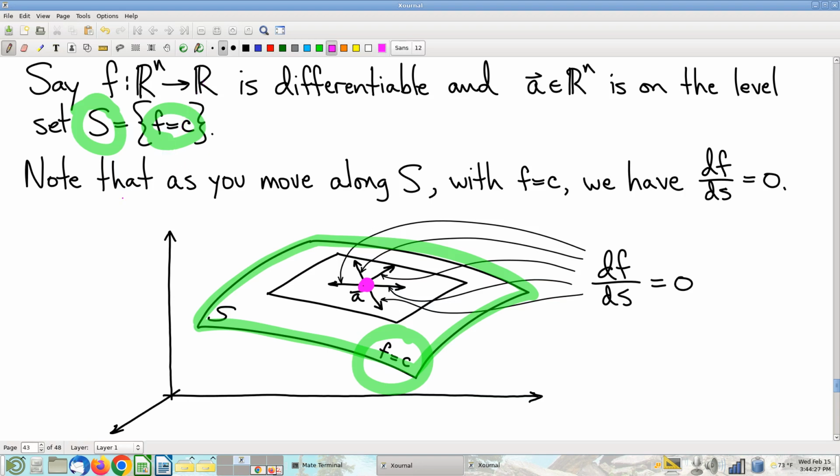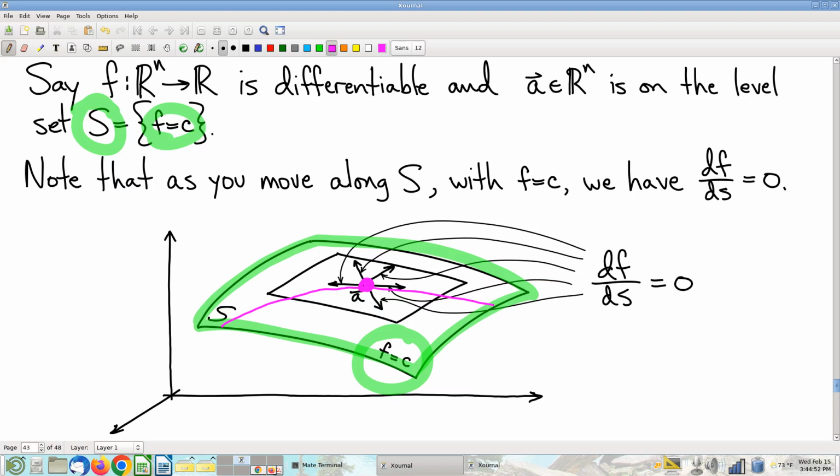Now, a related question. If I were moving along this curve inside of the surface, imagine an ant crawling along this surface. He's momentarily at the point in question, and then he continues crawling along the surface over to here. What's the value of f at any point on that curve?